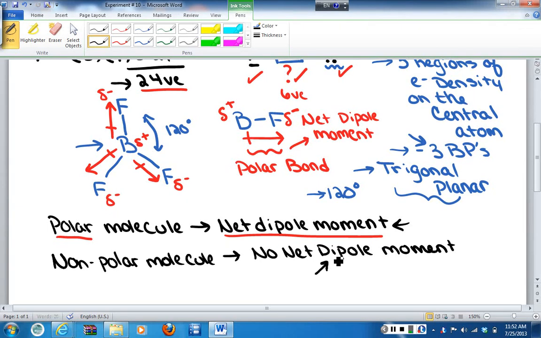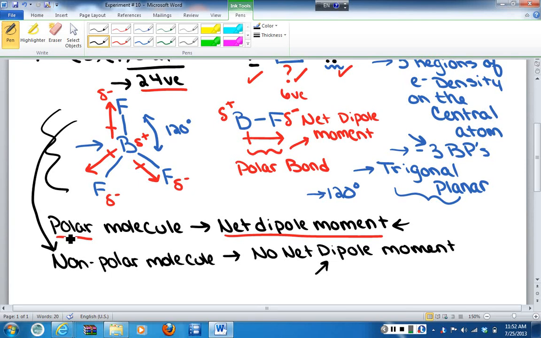For nonpolar, it doesn't. Everything cancels itself out. So if we look at this 3D structure here, we see that because all of them are 120 degrees apart, they all pull, but all cancel themselves out. So with this particular molecule, we would not have a net dipole moment, and this would be considered a non-polar molecule, even though it contains polar bonds.